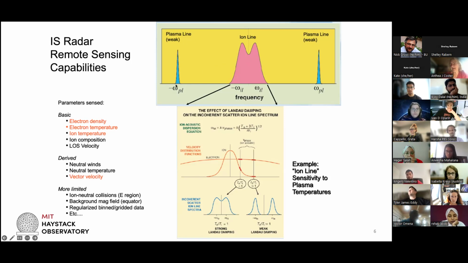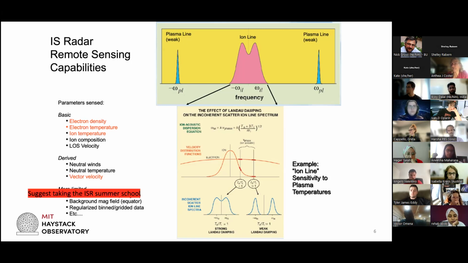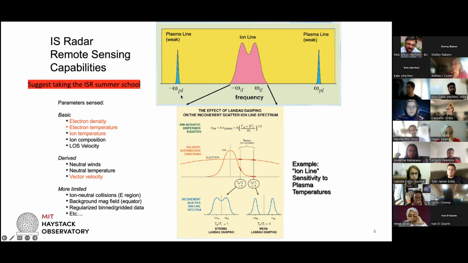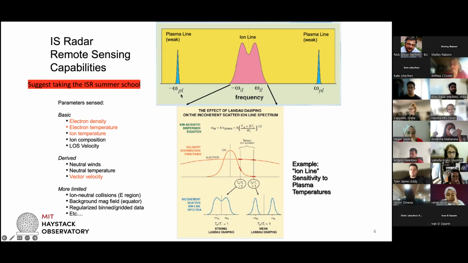You also get now, and this is a new kind of ability that we've had with the radars, to look at what we call plasma lines. This is energy that's coming back, Doppler shifted on either side of your return pulse by the plasma frequency. And from that, you can get a very accurate method of electron density, much more accurate than the ion line technique.